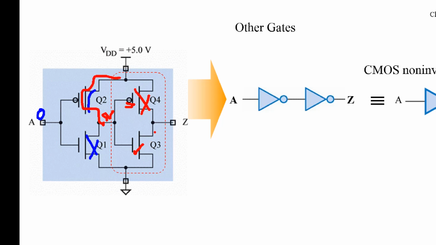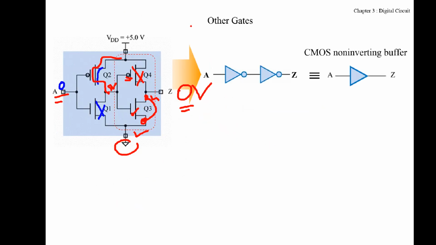When it's on, you short between this terminal and this terminal. So these terminals have the same voltage, namely output now becomes 0 volt, because it's connected to ground. When applying 0, output is also 0. So this is a buffer.